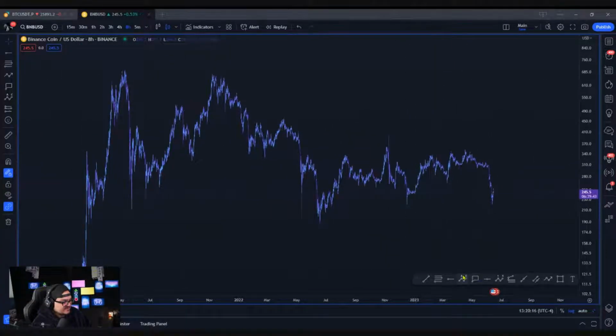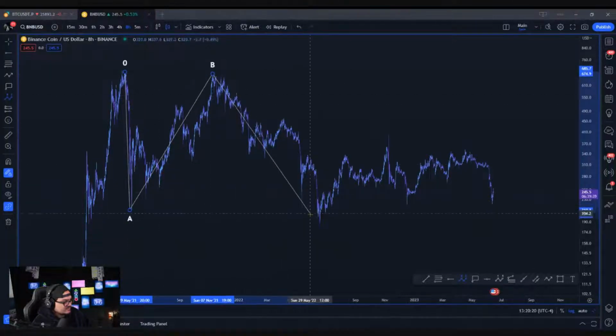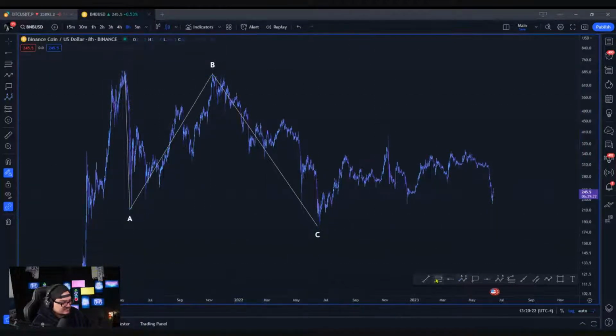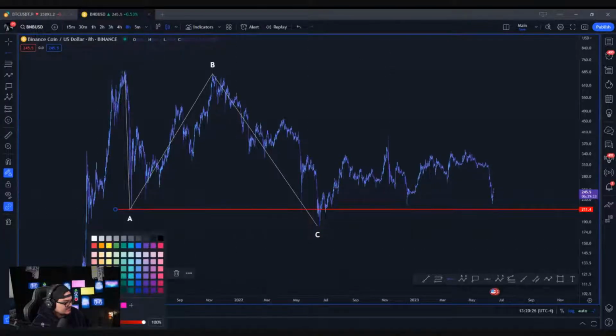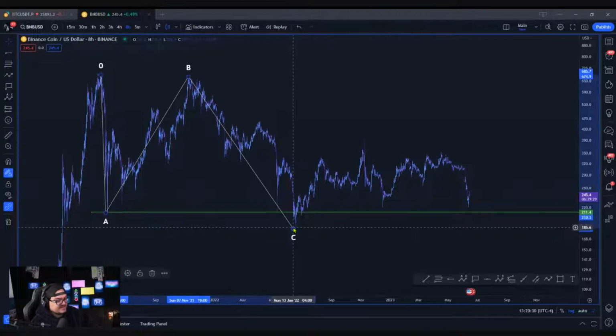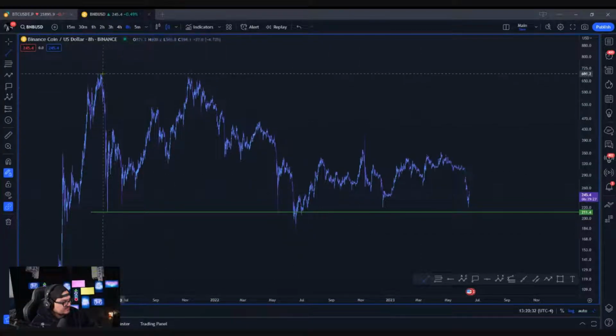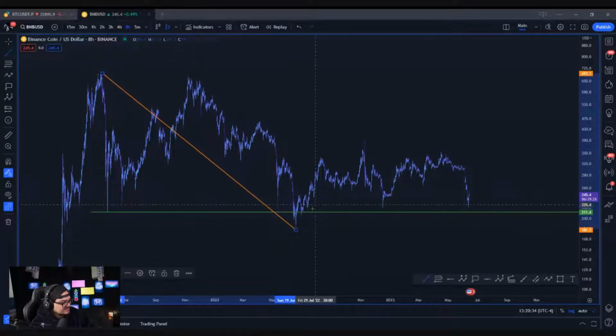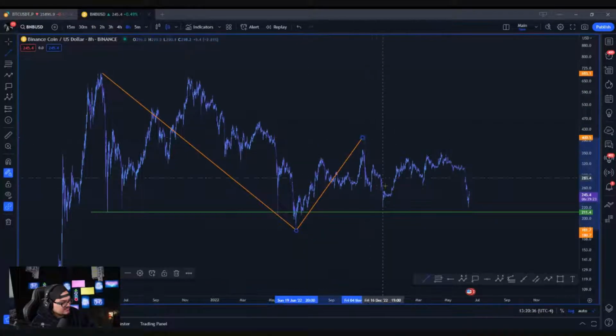All right, so B and B on the macro. Looks like we're still above that bullish pivot. The bearish case scenario is that we're not done. A to a B, we put in a lower low here. We did not.